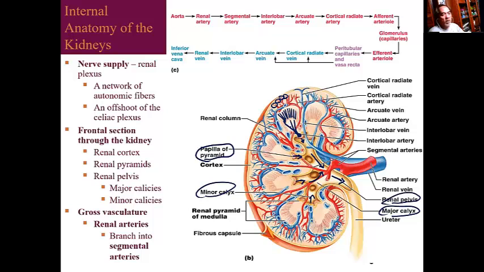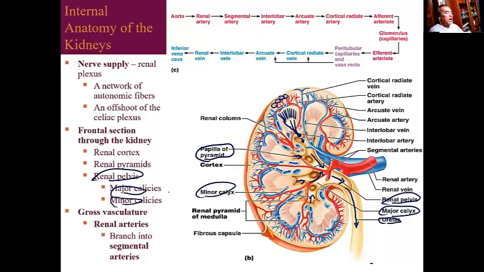Now, if you actually take a look at the structures here, the minor calyx is going to be very visible. You don't need a microscope for that. You can visibly see it. And also the major calyx and the renal pelvis. Okay. And then from there, it connects to the structure called the ureter. The ureter will connect into the urinary bladder. Okay. So those are your renal pelvis connected by the major calyx and connected by the minor calyx.